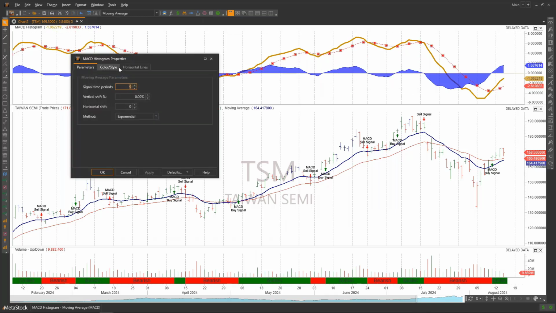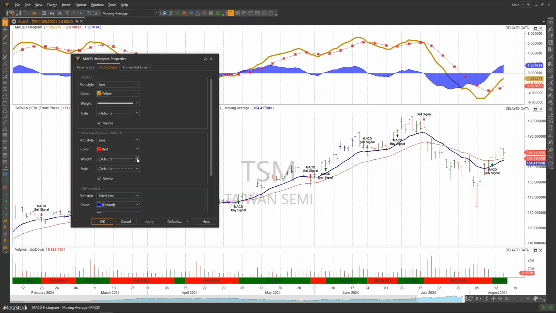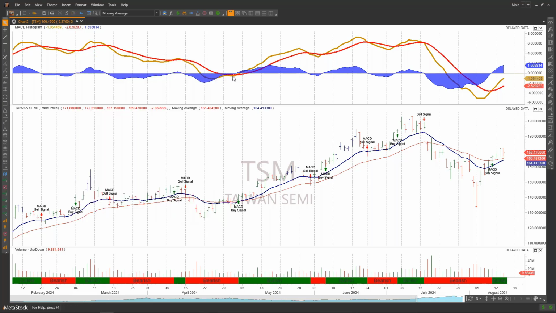I'm going to go ahead and make that bigger too, just so we are very clear about what indicator I'm talking about. We'll click apply. It is still dotted, it's just a bit fatter. If I was just to take this gold line and apply an exponential moving average to it, what I would get is a 9-period exponential line. Okay, and that is the line that Gerald called the signal line.